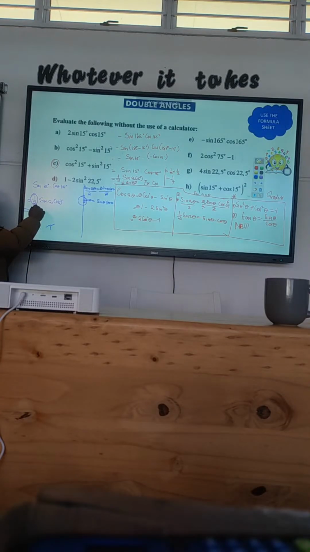But we know that this is sine of 30, because 2 multiplied by 15 will give us 30. And then we have 1 over 2 multiplied by 1 over 2, because the sine of 30 is 1 over 2. This 1 over 2 came from our adjustment. So when you multiply them, they give us 1 over 4.